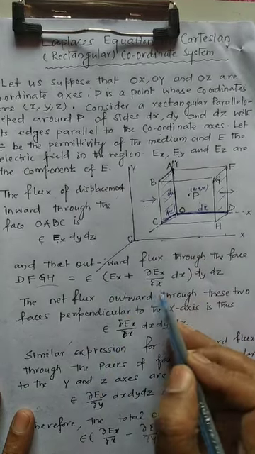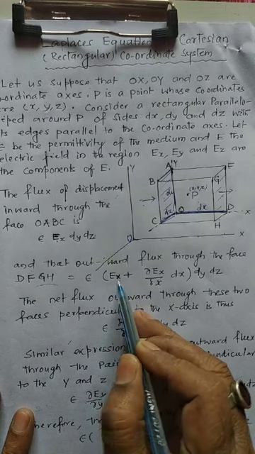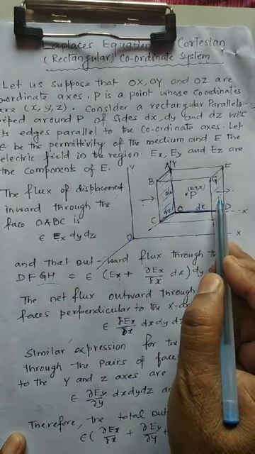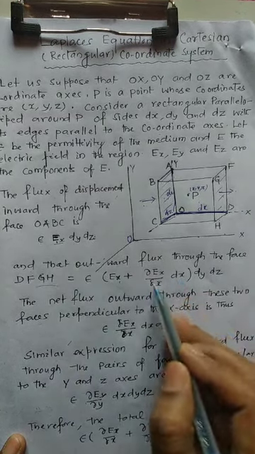So it will be the change in electric field, added to the original electric field. So when we move from this face to this face, the electric field changes by this amount.